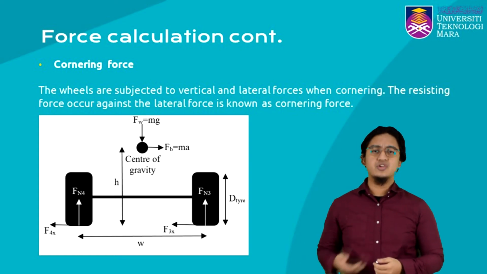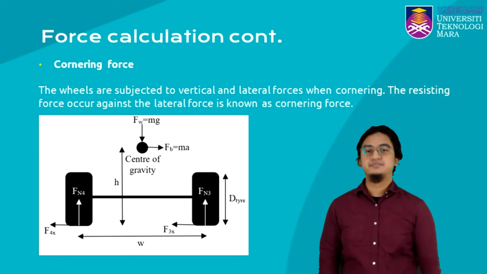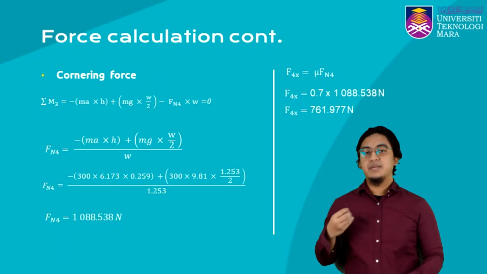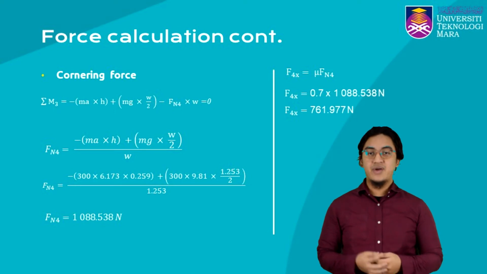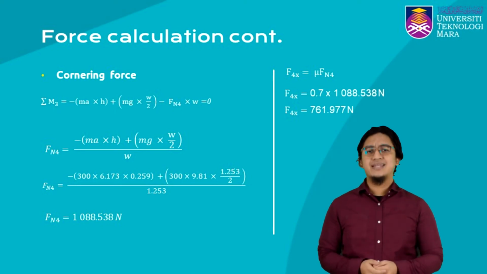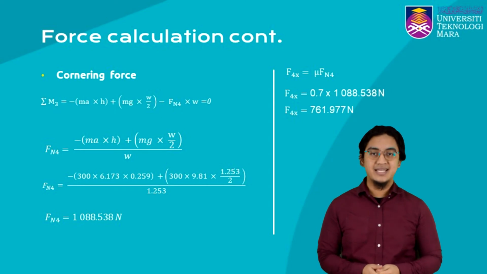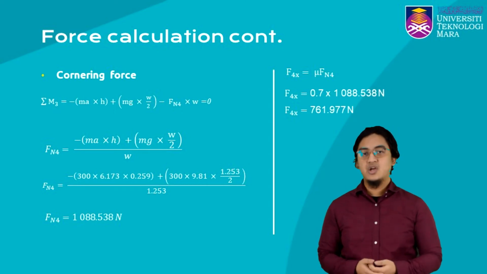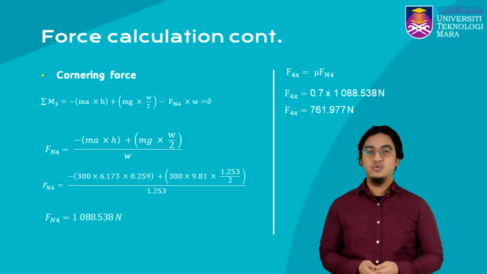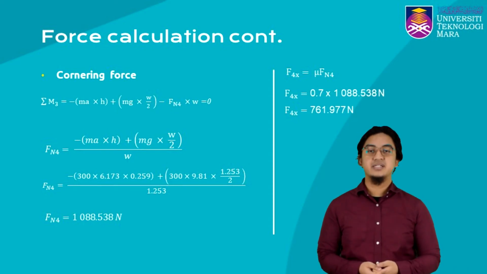By calculating the normal force acting on the wheel, the lateral force can be found. By using summation of moment at the right tire, on the FBD of tire 3, we can determine the normal force on the left wheel. Note that the equation here is for when the car is taking a right turn, and then we multiply the value by the coefficient of friction to get the lateral force, 761.997 Newton.